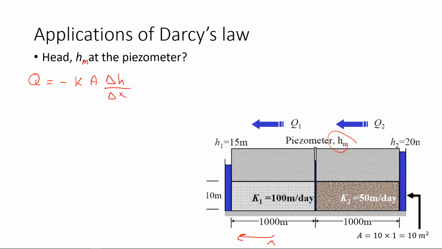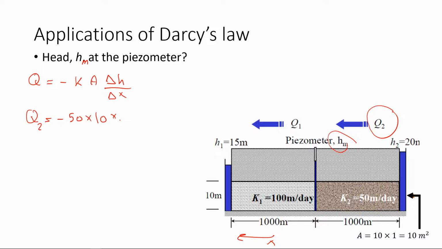If we look at this guy, now we have a problem. K is given. Let's write it down and see what problem we have. I'm looking at Q2 now. So for Q2, we have negative K, which is 50, times the area, which is 10.